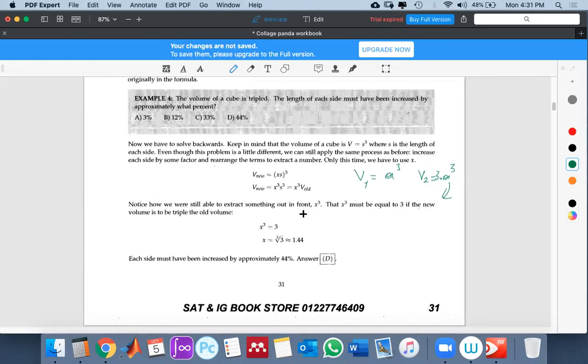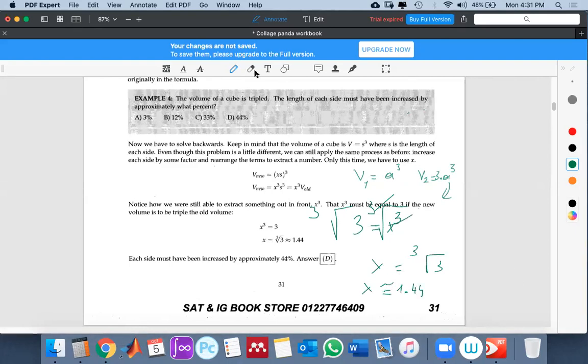We can say that 3 is equal to the same thing multiplied by itself 3 times. So 3 is equal to x cubed. So to find x, take the cube root. Simplifying, x is the cube root of 3, approximately 1.44.